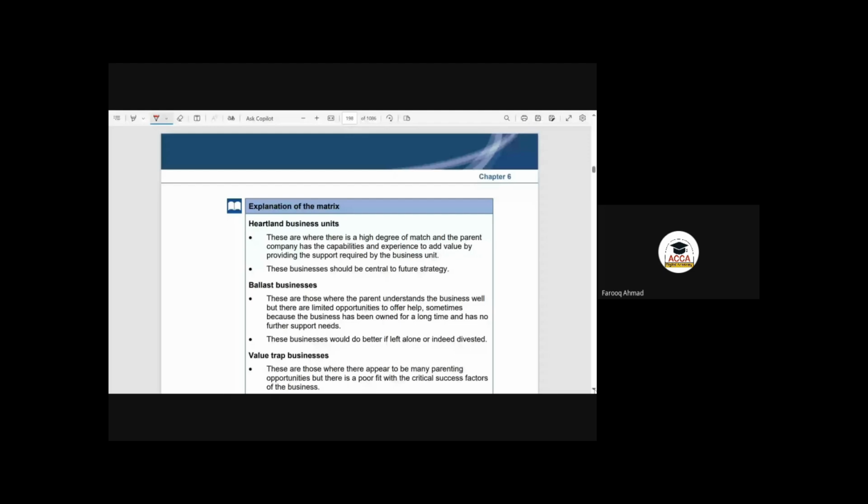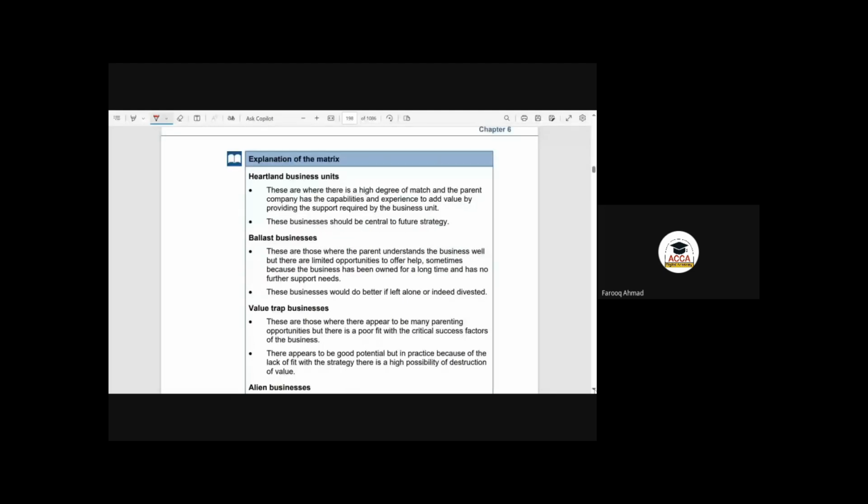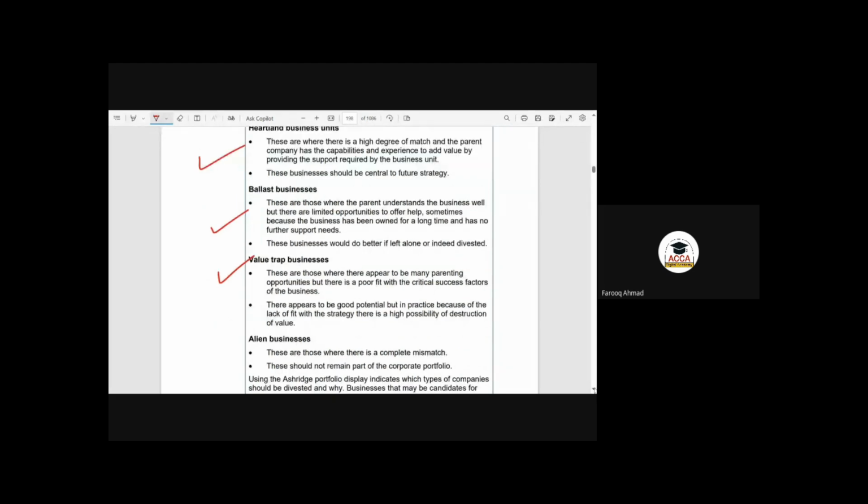Heartland business units, ballast businesses, value trap businesses. What are these businesses? Remember these examples. Value trap businesses appear to have many parenting opportunities, but there is a poor fit with the critical success factors of the business.